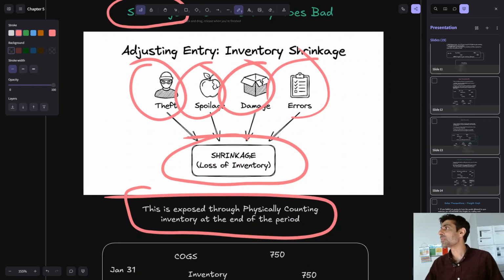There's no other way. If we're relying on our accounting books, we would never find this stuff, because this is physical, actual reality that happens in the real world that our accounting books aren't accounting for. So we need to physically link up our accounting books with the physical reality by doing a physical count.